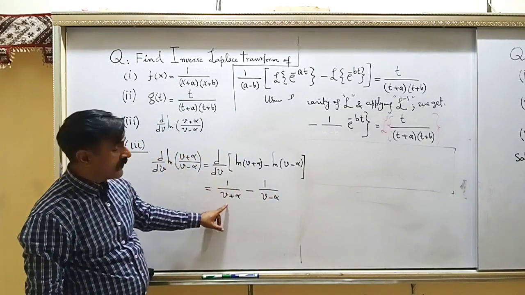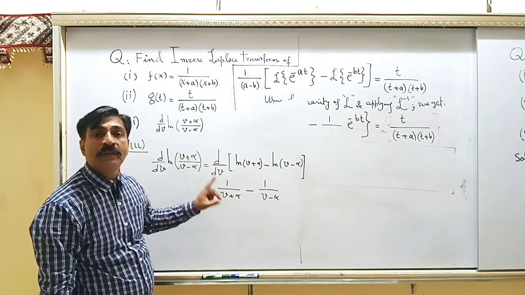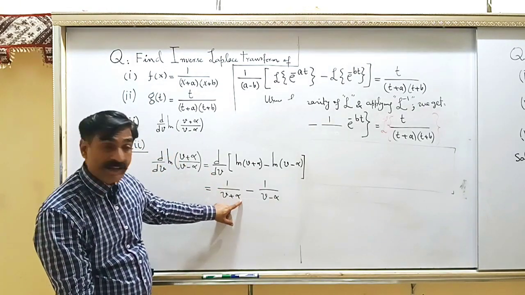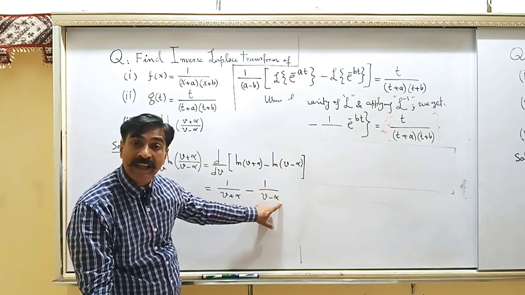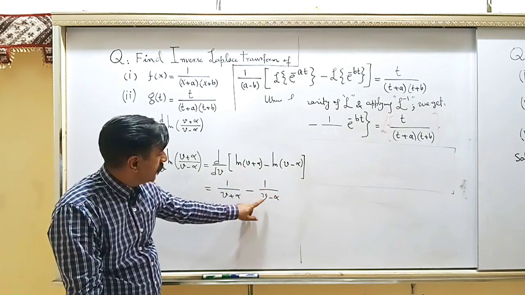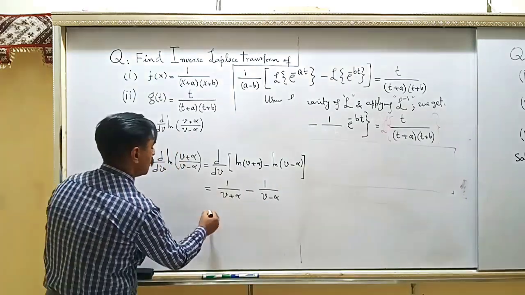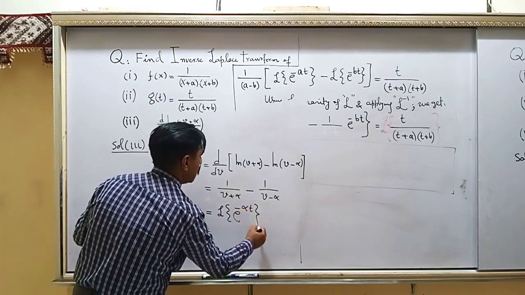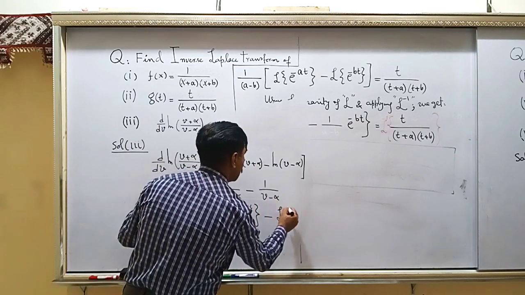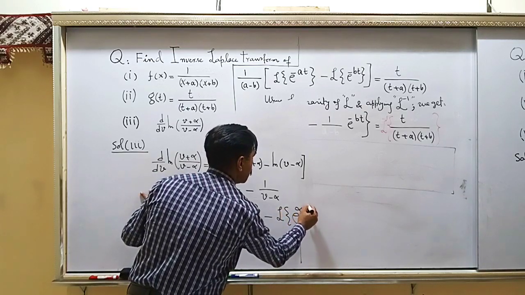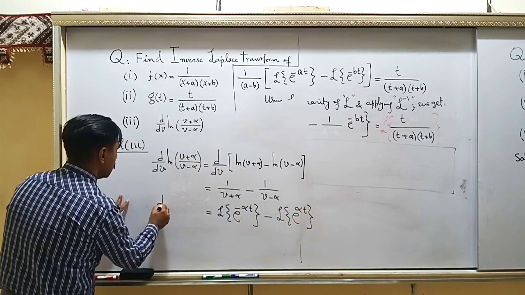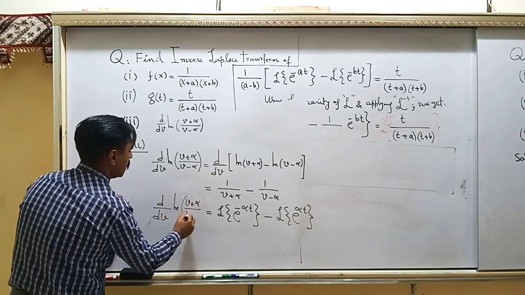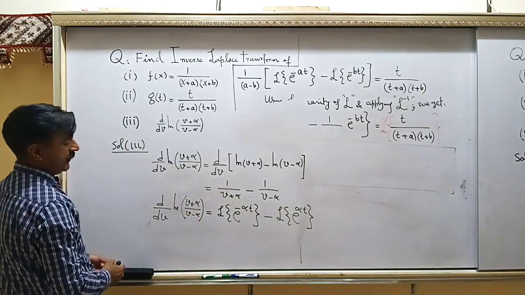Now you know this is the Laplace transform of an exponential function. It is like 1 over s plus k, right? And it is like 1 over s minus k. In place of the variable s, you have the variable v now. So this is the Laplace transform of e to the power minus alpha t, and this is the Laplace transform of e to the power alpha t, and the left hand side is the same, no change in it, log of v plus alpha over v minus alpha, right?